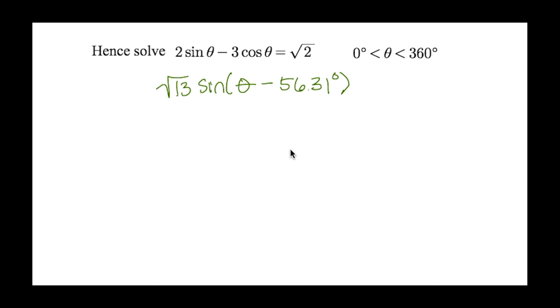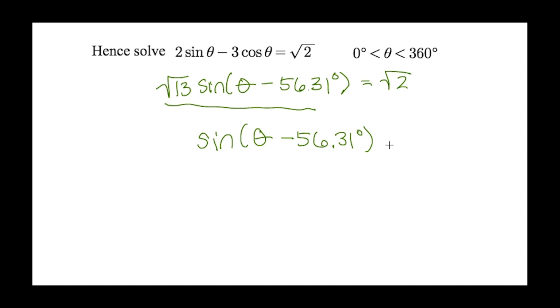Second part of the problem says, hence solve this equal to the square root of 2. So they told us to find the simplified form, and this is what we'll set equal to the square root of 2. So that means the sine of theta minus 56.31 degrees is the square root of 2 over the square root of 13.